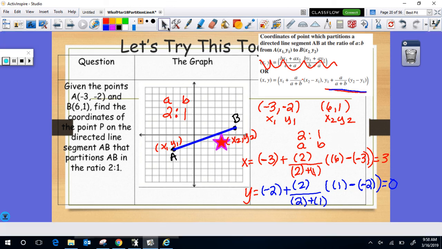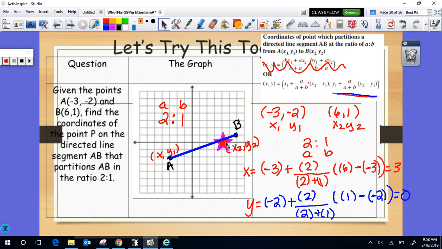And I'm going to move it in a second. So here, my point goes at 3, 0, right there. And that's what partitions this line in a distance of 2 to 1. So this side is double the length of this side. And that's how you figure that out.